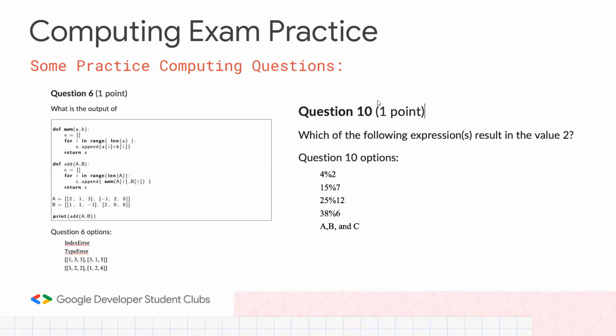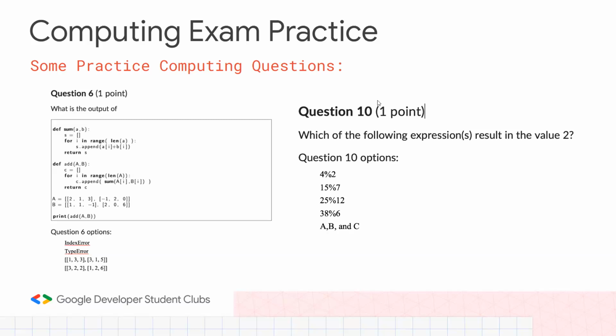Again, we have the code to add A and B. If we go to the add function with the input A and B, we first define a list B, and for i in range the length of A. It's very important to take note: the length of A isn't the entire length of everything inside.